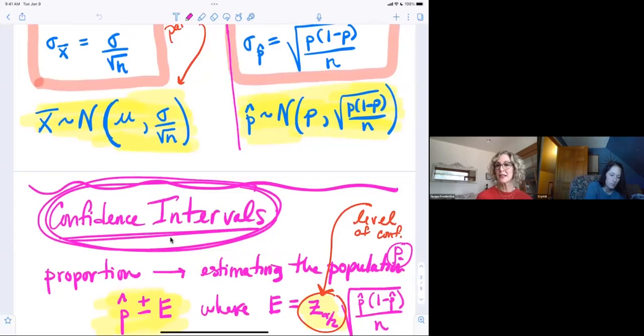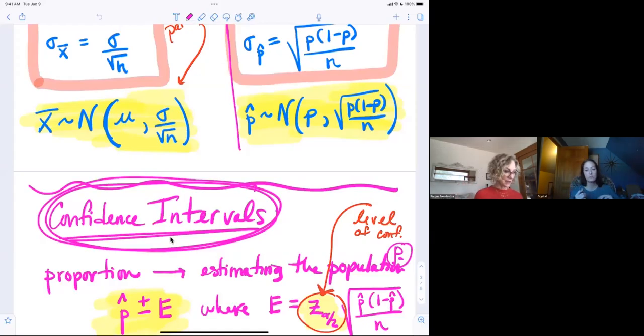If it's mean, it's going to be sample mean. So you're building your confidence interval off of the statistic, and then you're adding and subtracting some error, and you get this lower bound and this upper bound. And you're confident that the population is going to fall between those values.